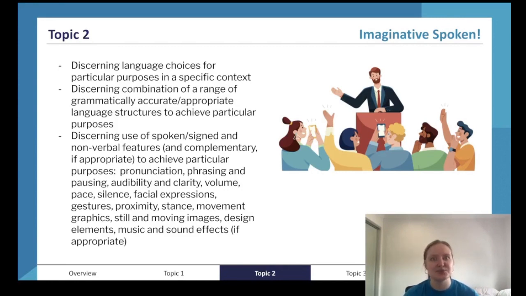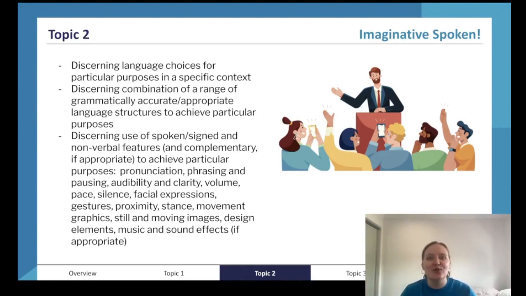That means visual and auditory features as well, to achieve particular purposes. So this could include pronunciation, phrasing and pausing, audibility and clarity, volume, pace, silence, facial expressions, gestures, proximity, stance, movement, graphics, still and moving images, design elements, music and sound effects, if appropriate.